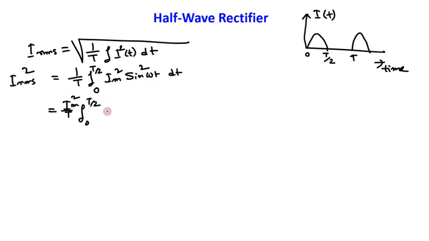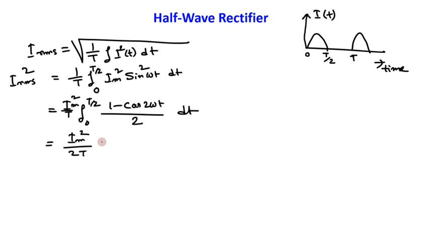Integration of sine square can be written as 1 minus cos of 2 omega t by 2, into dt. Let us take this 2 out, so basically Im square by 2T.